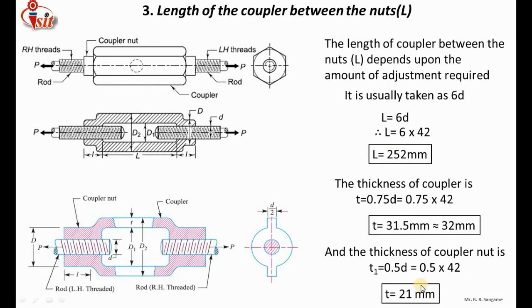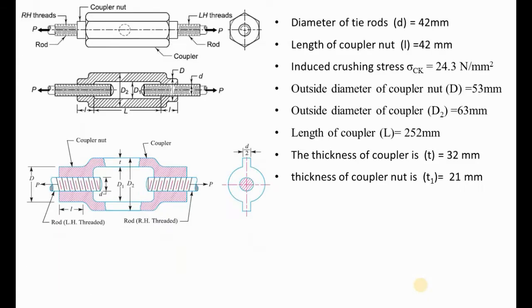So that's it. We have calculated all the dimensions of the turnbuckle. We have calculated the core diameter, and the nominal diameter, which is 42 mm, selected from the table. We have calculated the length of the coupler nut, this threaded portion, which is 42 mm. We have calculated the induced crushing stress, which is 24.3, less than the permissible one, so our design is safe.